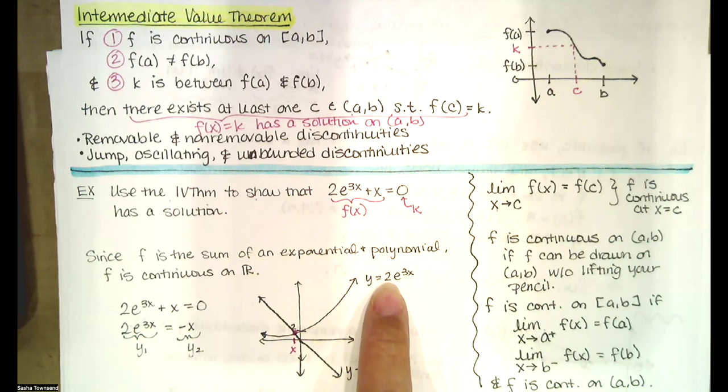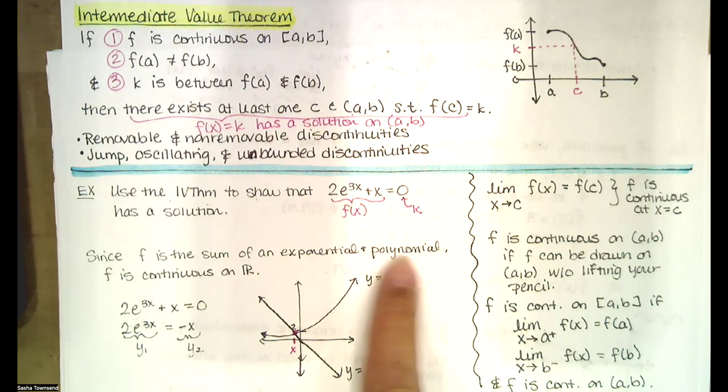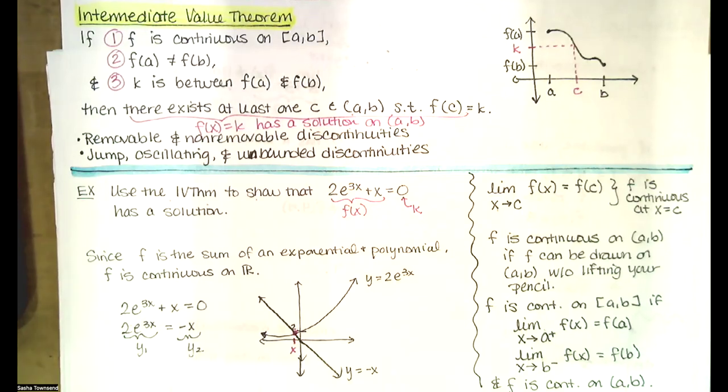If you try to set 2 times e to the 3x equal to -5, you're never going to be able to find some exponential values that give you a value of -5, because these guys are all positive and they can't ever equal -5. So think about continuity, think about range, and make sure you check all 3 conditions, and then you should be good to go.